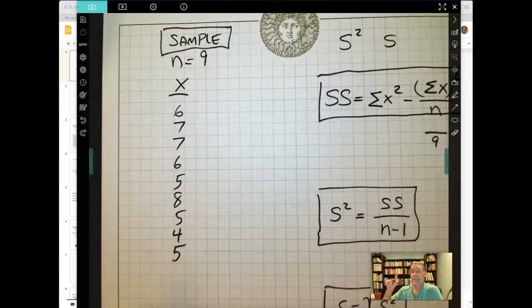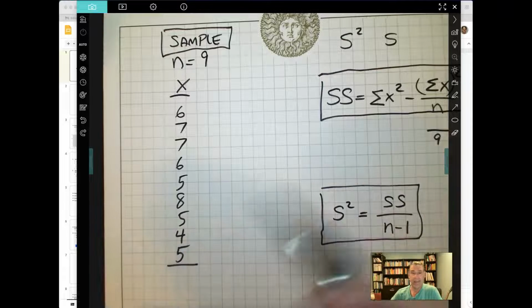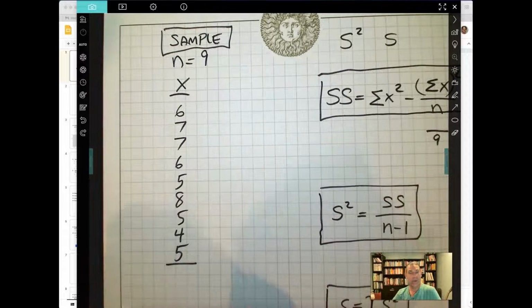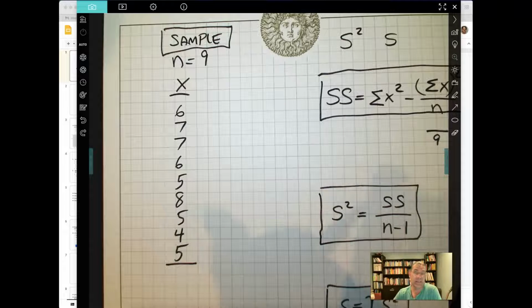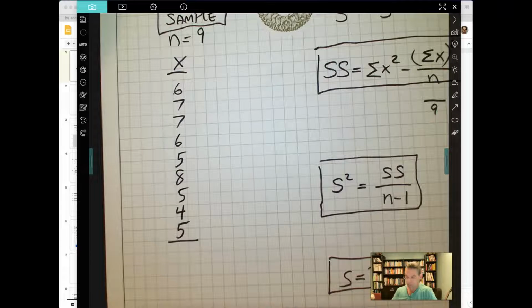So in this case, and in this case only, to get sum of x, we just have to add up all 9 of the scores, which means we can add down the column. With a frequency table, you don't do that to get a sum of x. Remember, you multiply each x times the frequency. But in this case, it is just a listing of all the scores, so I'm going to add those up.